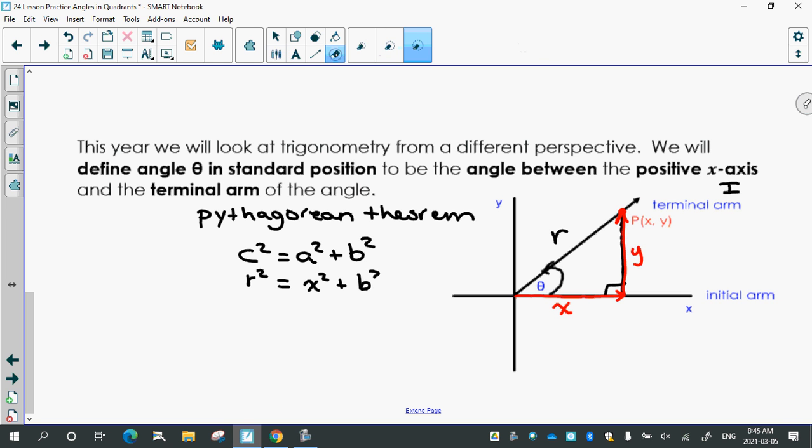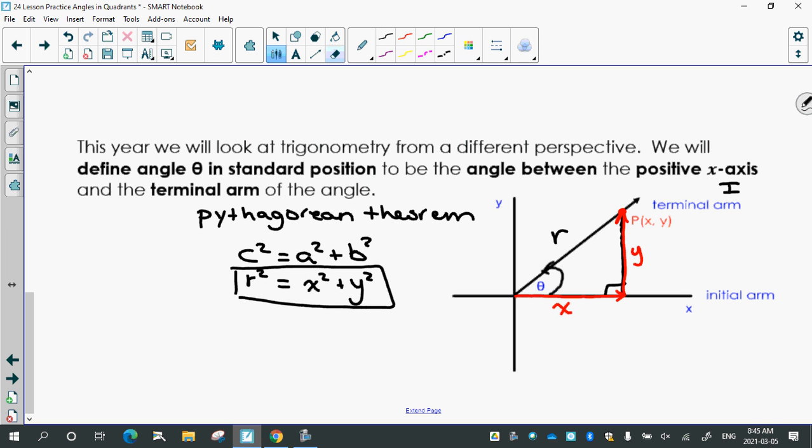So this equation here is the relationship between r, x and y. Okay. So there's a Pythagorean relationship between x, y, and r. So if you know two of them, you can always find the third one using r squared equals x squared plus y squared. Okay?